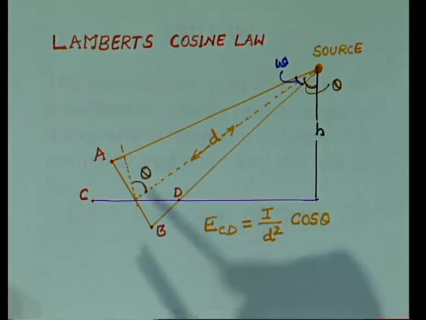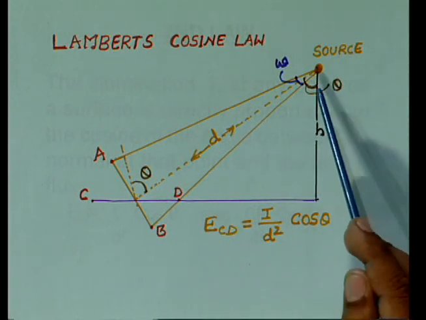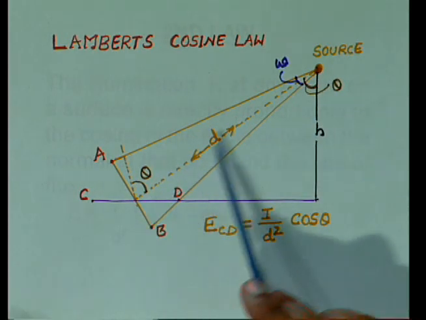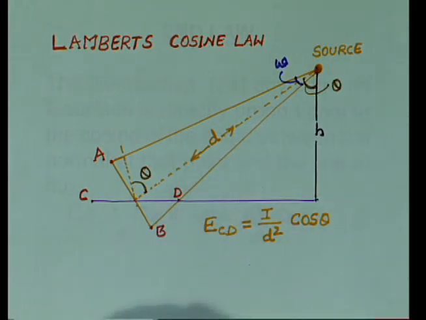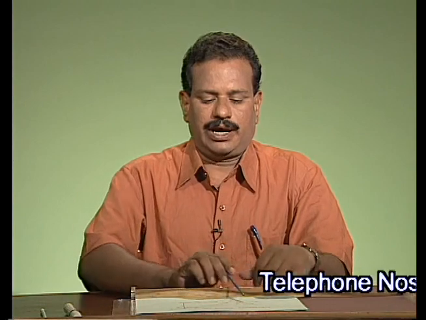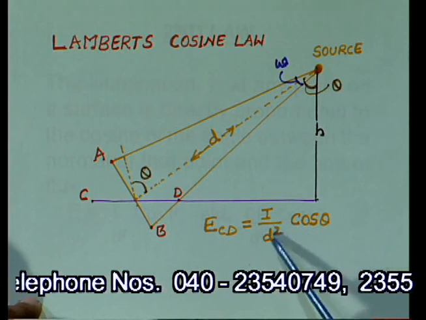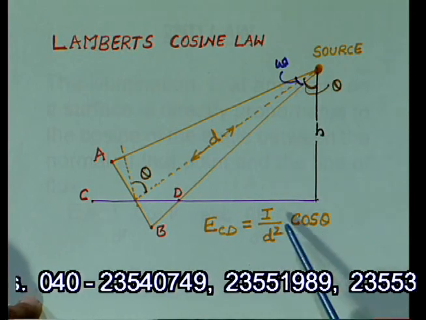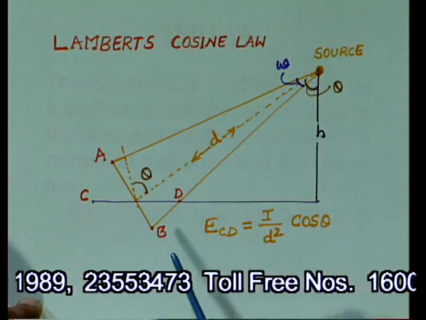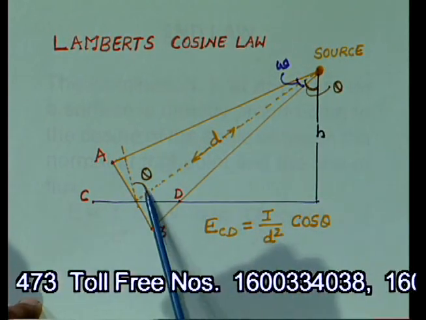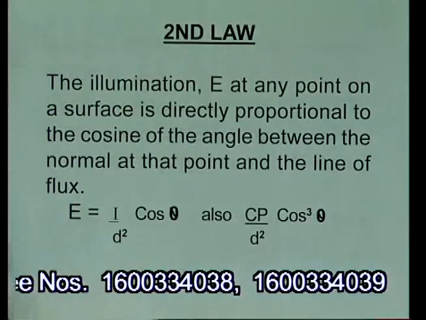So, from this we can derive, if the light is falling in an angular manner, instead of taking illumination intensity by d square, we have to consider the cosine of the angle also, that is the illumination at CD equal to I by d square into cos theta. I is the luminous intensity, d is the distance from the source to the object, and the cosine of this theta angle also we have to consider.